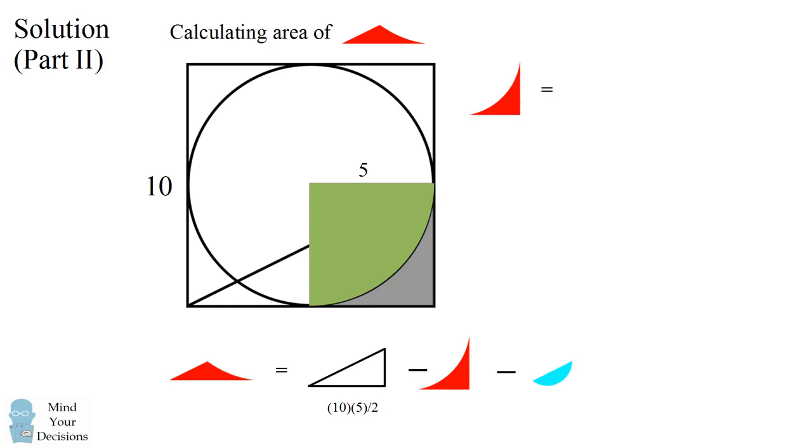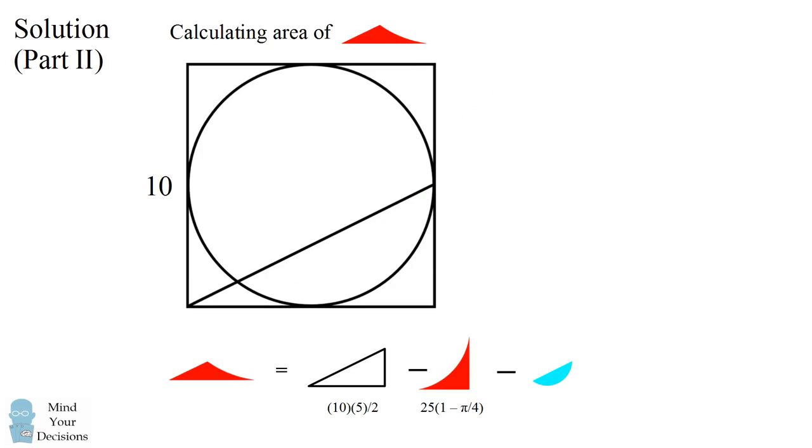So we can solve for this piece by taking 1/4 of the square and subtracting out 1/4 of the circle. This square has a side length of 5, so its area is 25. The circle has a radius of 5, so 1/4 of the circle is pi times 5 squared divided by 4. So we solve for this portion as 25 times 1 minus pi over 4.